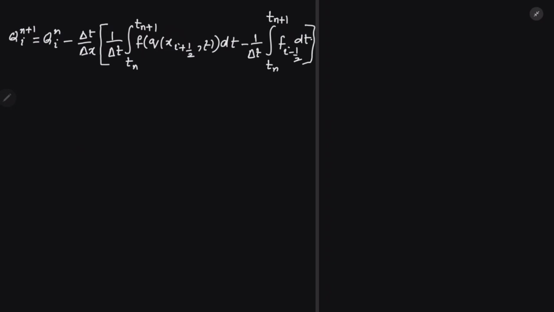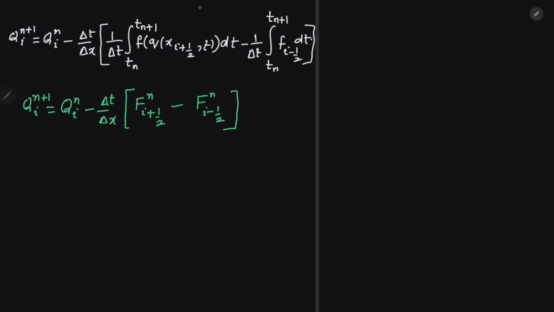So the right hand side, this becomes f n I plus 1/2. So we write it like this: Q n plus 1 I is equal to Q n I minus delta t by delta x. We have flux f n I plus 1/2 minus f n I minus 1/2, and so on.